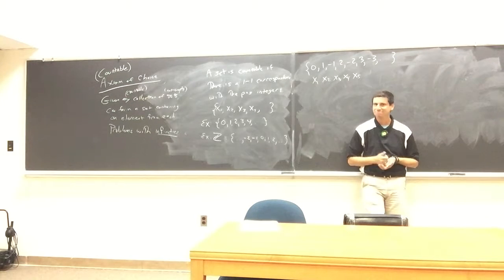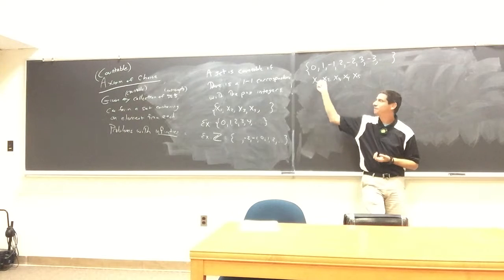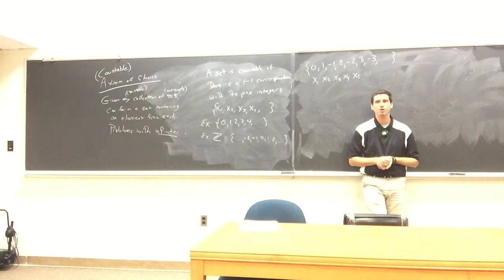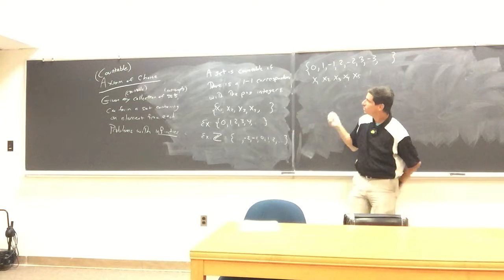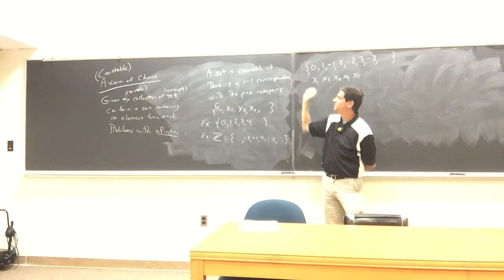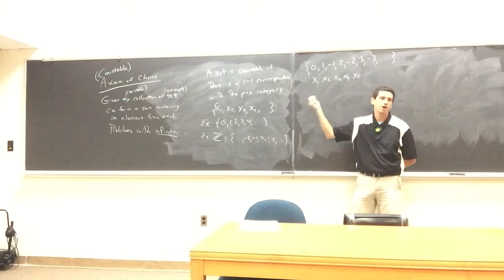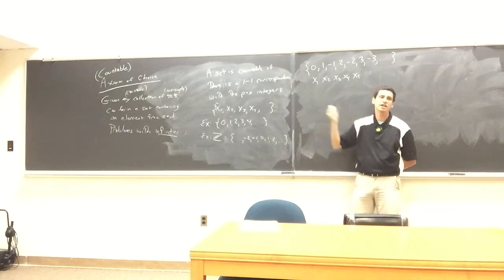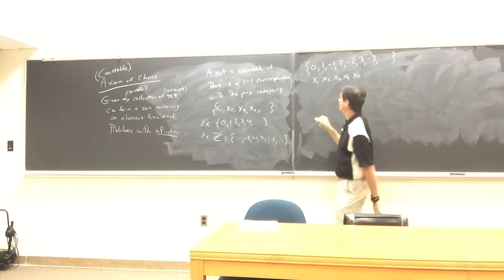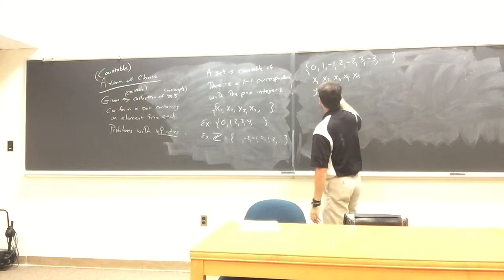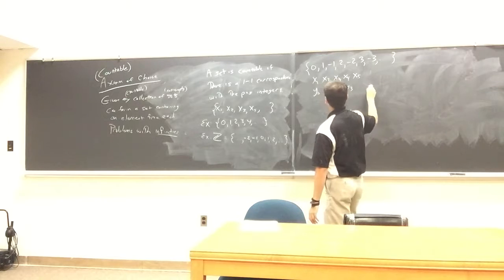Frequently, we want to have a little flexibility. I may not want to have my first index be 1. For this problem, what would I want my first index to be? 0. So really, we'll say a set is countable if there's a one-to-one correspondence with either the positive integers or the non-negative integers. And so I might want to do y0, y1, y2, y3, something like that.